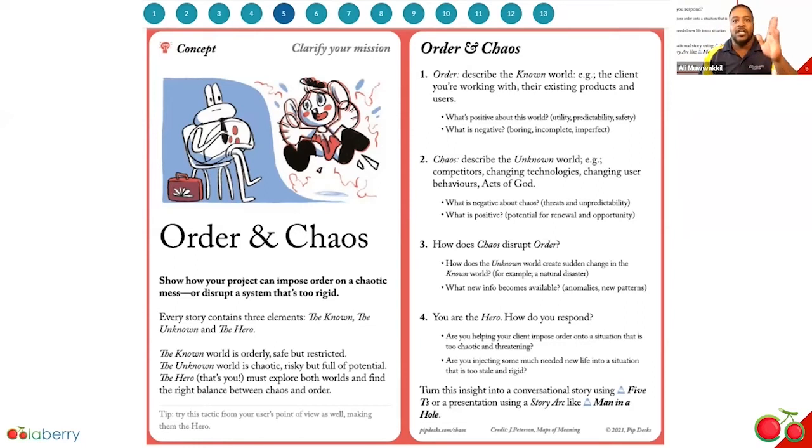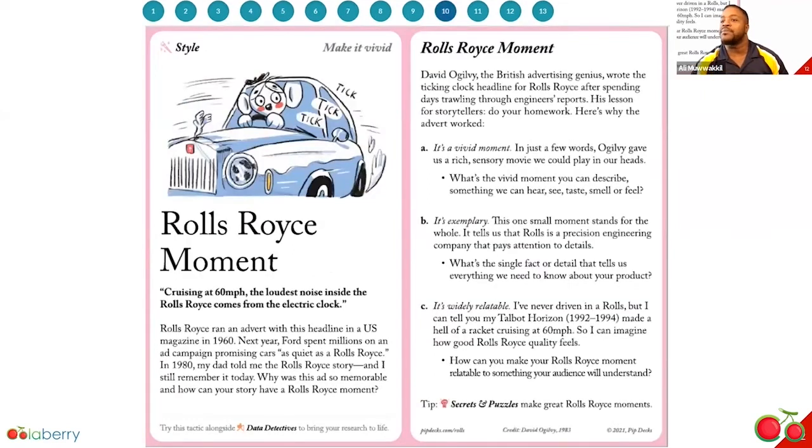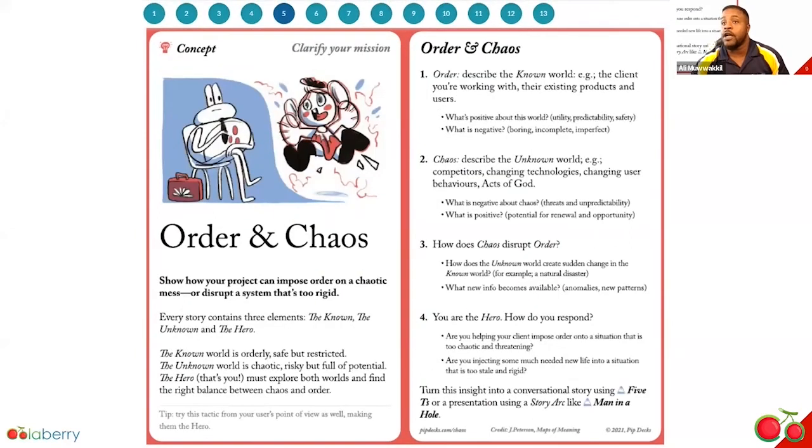I would look through all of the cards first, and then I didn't even start with order and chaos. I started with Rolls-Royce Moment. That's actually the first card I started with, okay? Even though order and chaos is first, I read through them all. Rolls-Royce is the one that I felt like I needed to start off with, and I'll tell you later why. But that's how I integrated the order and chaos into the project.